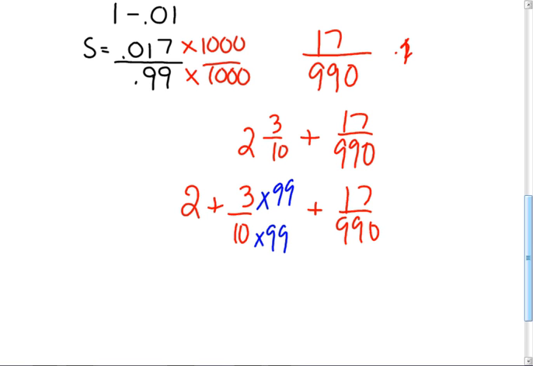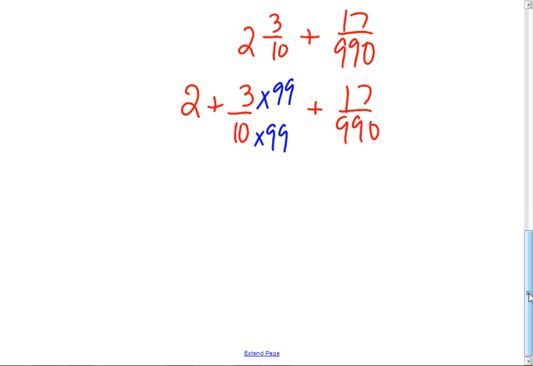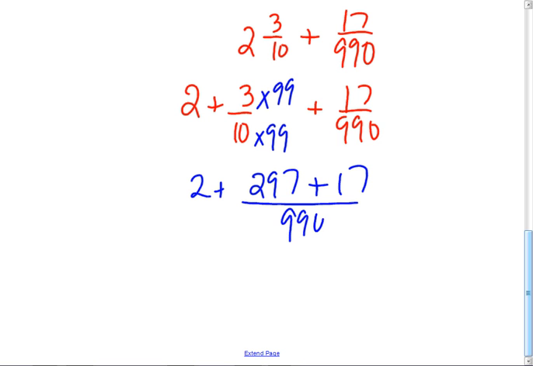And then you can do all the arithmetic. What's the easy way to do 3 times 99? What's 99 close to? That's 300, but I'm 1 short. So 300 minus 3 is 297, right? Over 990, and who cares? The rest is arithmetic. On the free response part of the exam, you wouldn't have to worry about it. Multiple choice, it would never make it that complicated, I don't think. Because that's arithmetic.